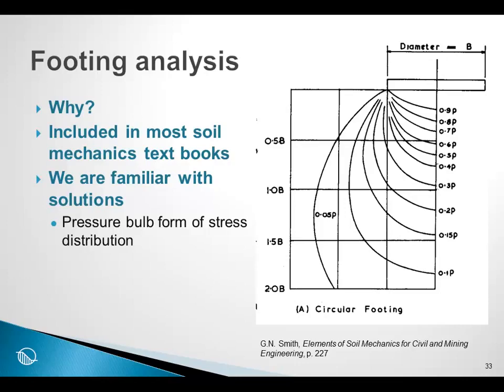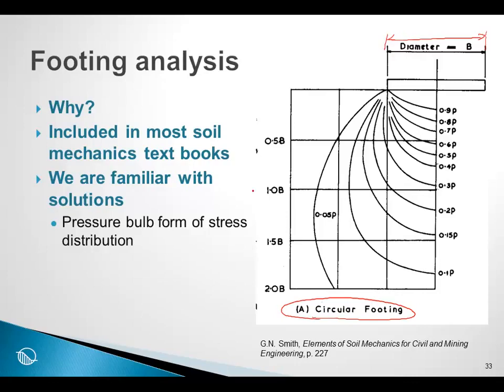What I'd like you to notice in this slide is that we have here a circular footing, and the diameter of the footing is B, and we have contours here of the percentage change of the applied pressure.